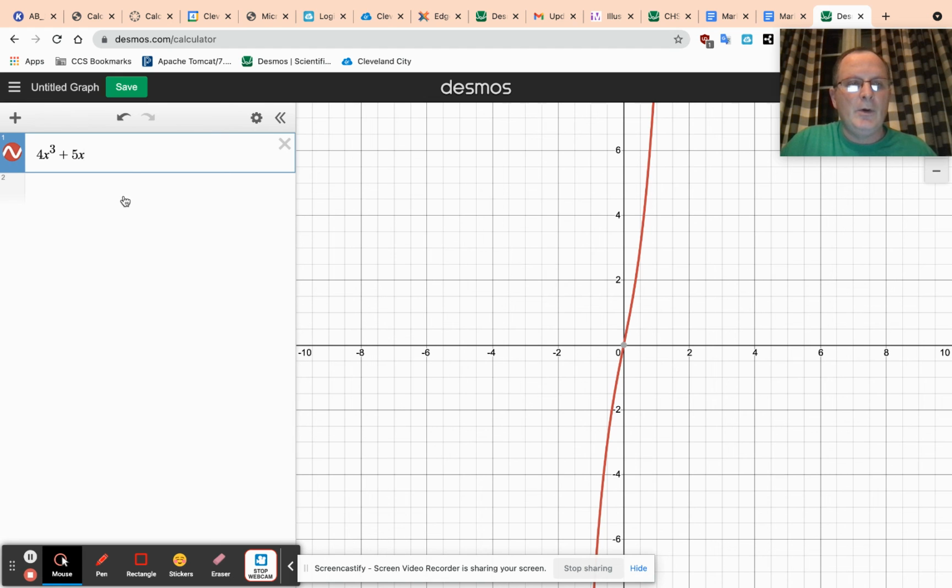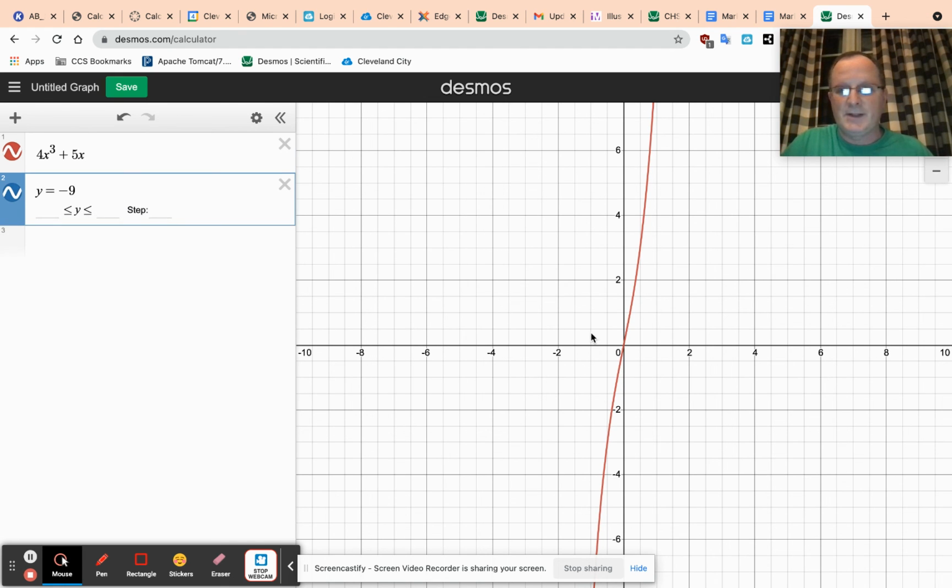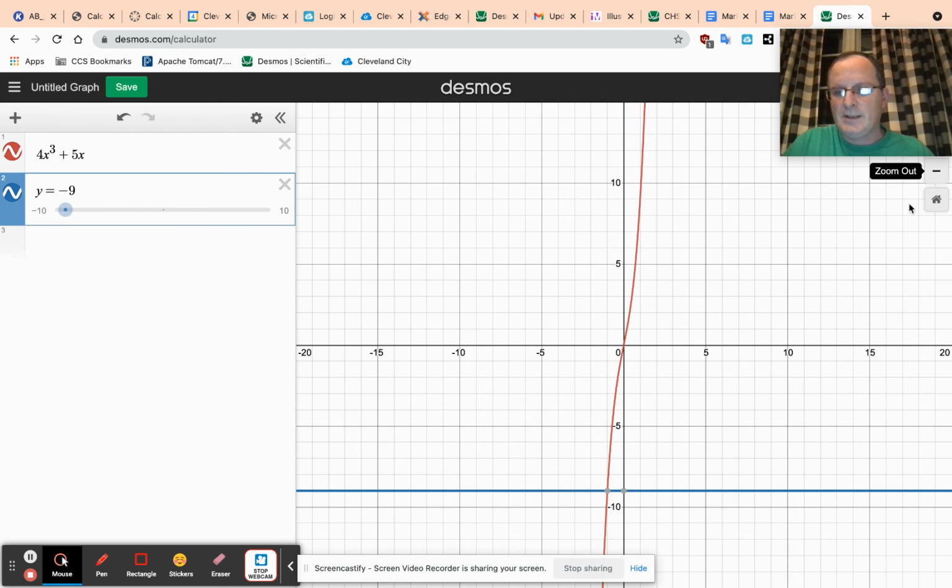And we wanted to know what the x value was when y equals -9. So I zoom down here a little bit, and then we can see that -1, -9 is a point on the graph. And so that means on the inverse, -9, -1, and away we go. Yay.